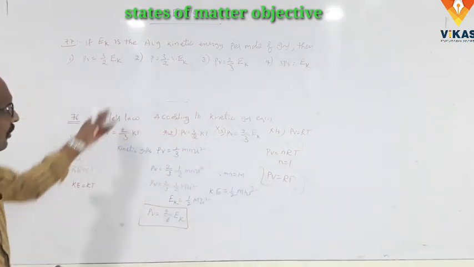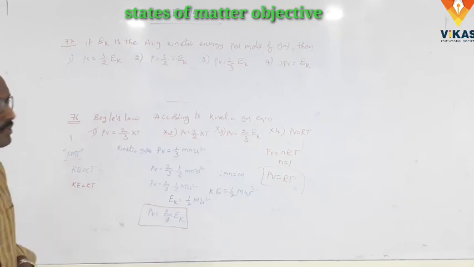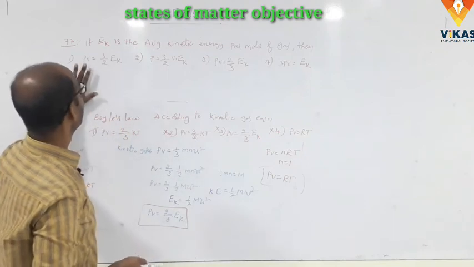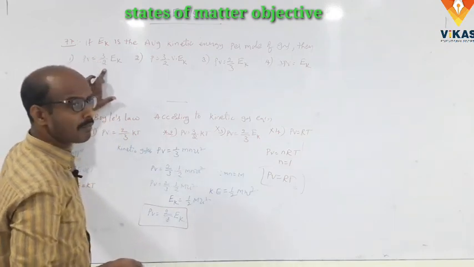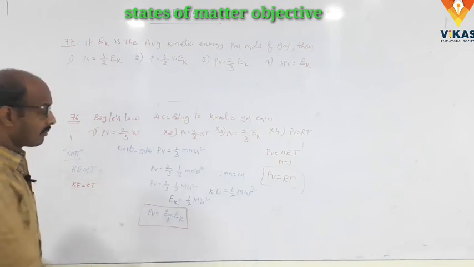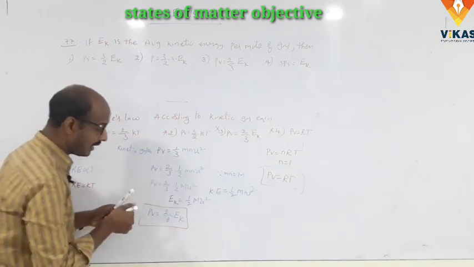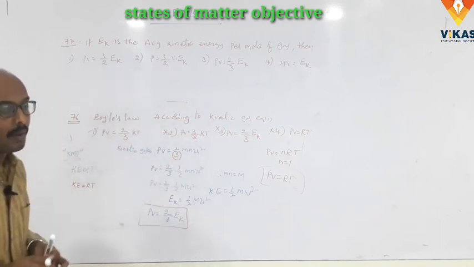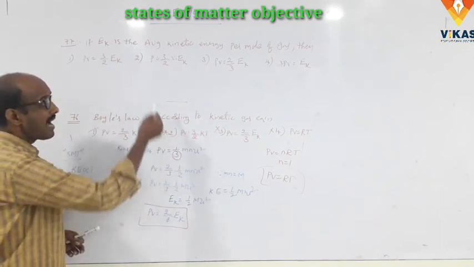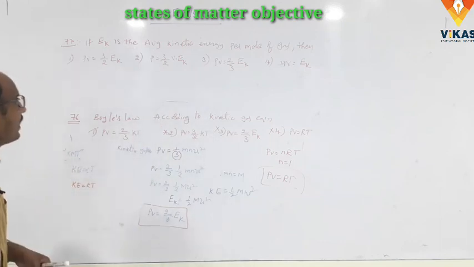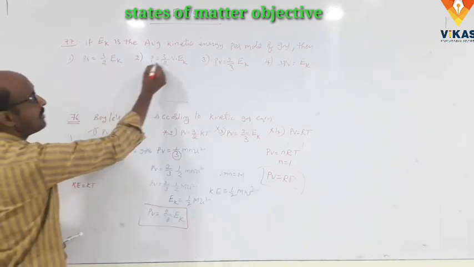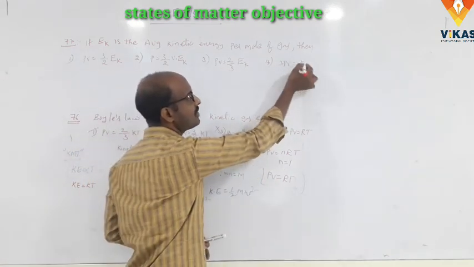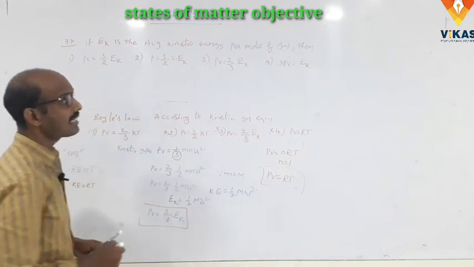But in the four options, observe a small thing. That is how we get the answer. In the kinetic gas equation, PV is equal to 1/3; if a 3 is below, then that is the correct answer. Okay, and PV is equal to 3/2 Ek, P is equal to 3/2 V Ek, PV is equal to 2/3 into Ek, and the fourth one 3PV is equal to Ek. Which one is the correct answer?